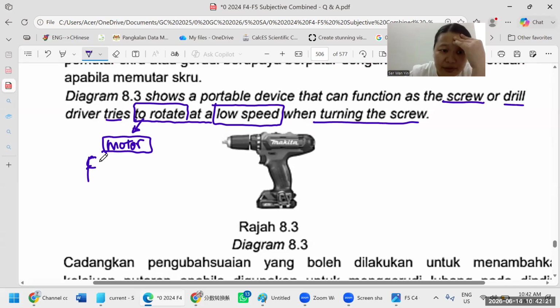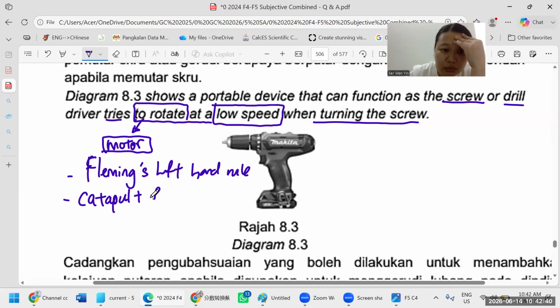Yes, first Fleming's left hand rule. Second is what? Second is catapult field. I believe now your mind already got the words right.